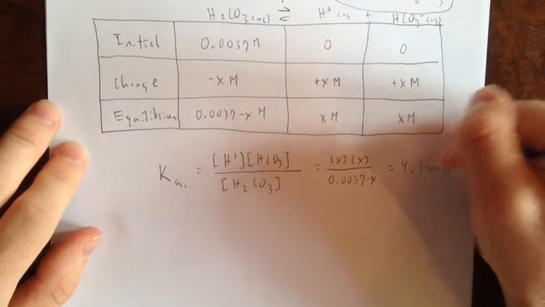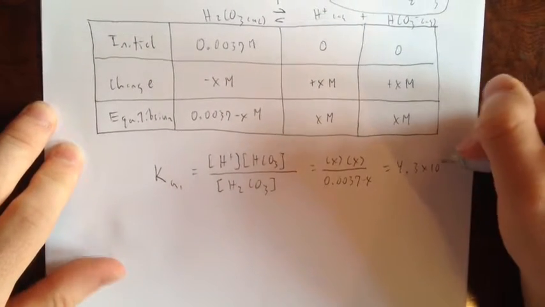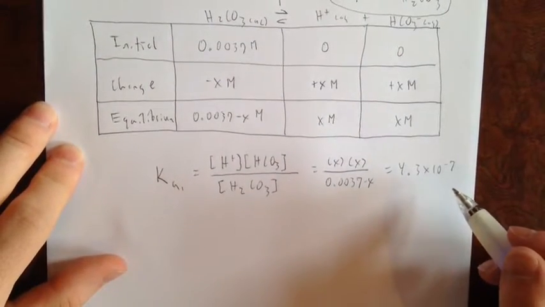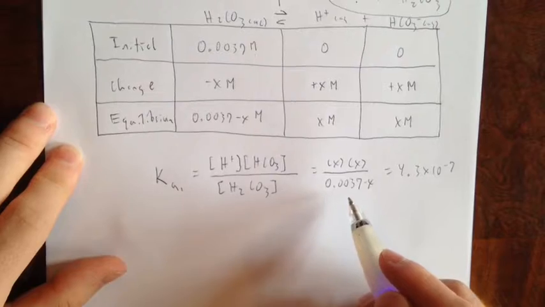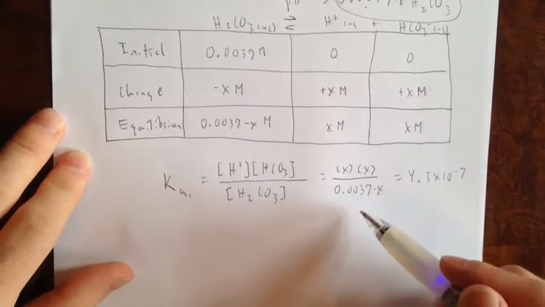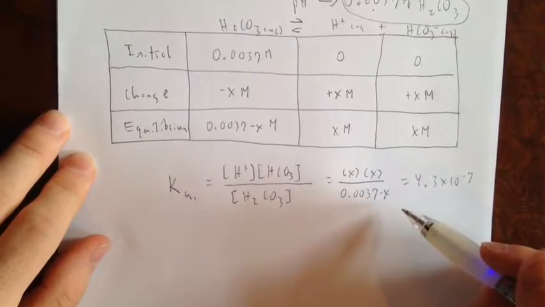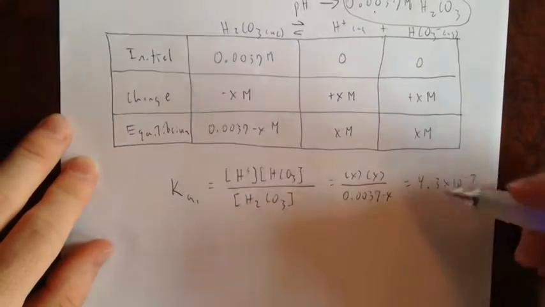The known value for the acid dissociation is 4.3 times 10 to the negative 7th. The X value in the denominator is so small that it is negligible. We will prove this later.